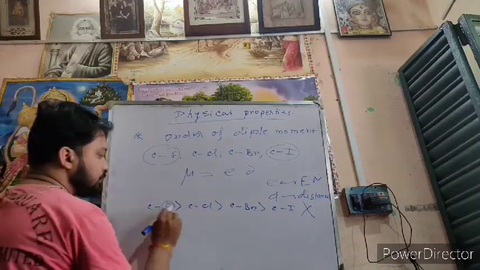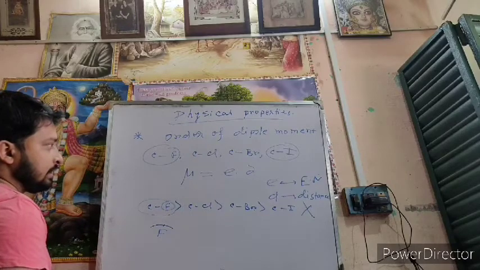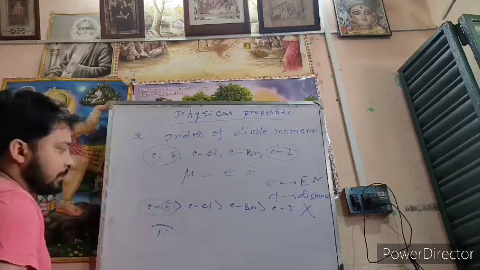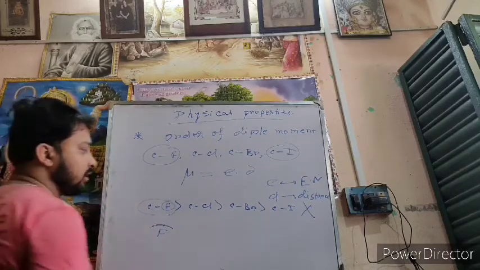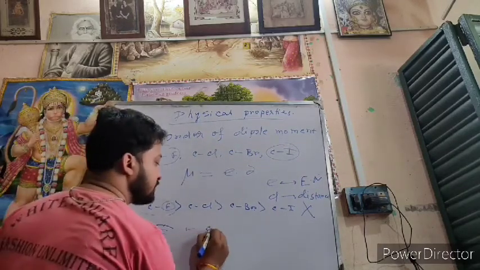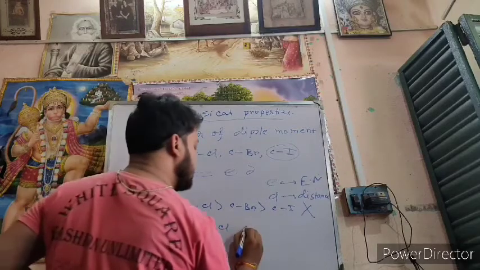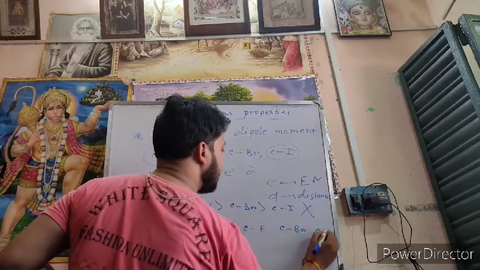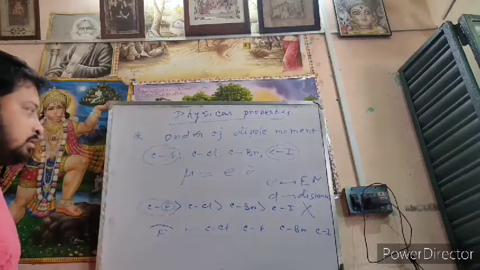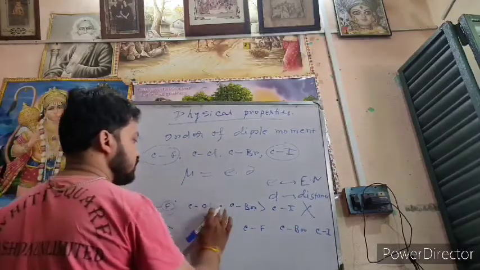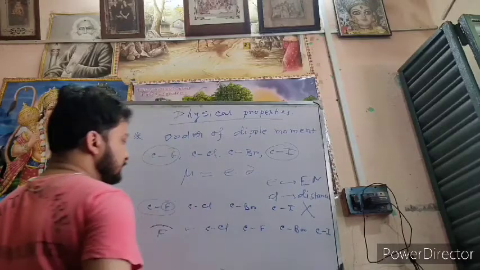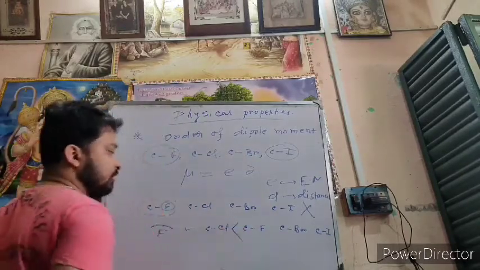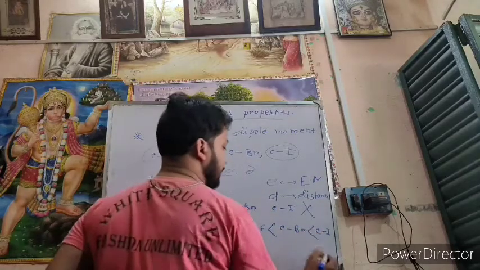So electronegativity is not working here. So the correct sequence is C-Cl, then C-F, then C-Br, and then C-I. Sorry, this is not the sequence. So the original sequence is this, then this.